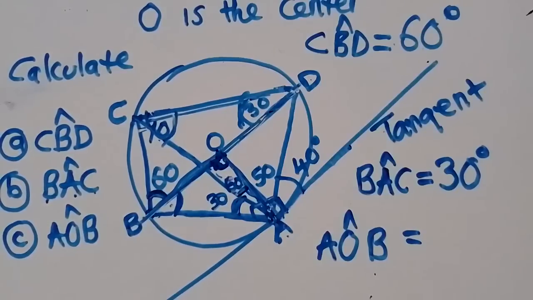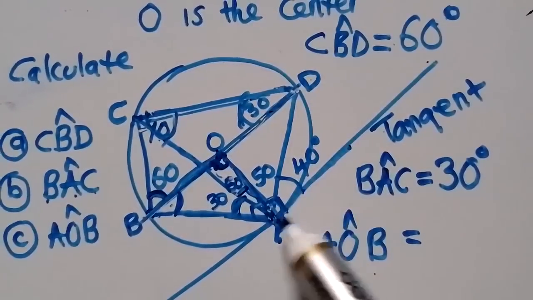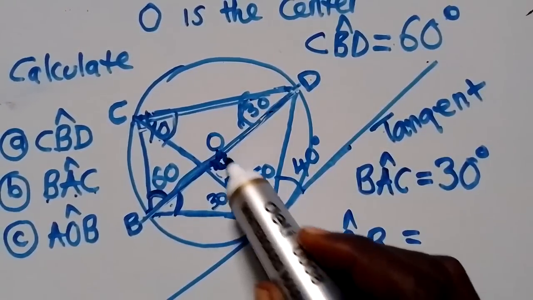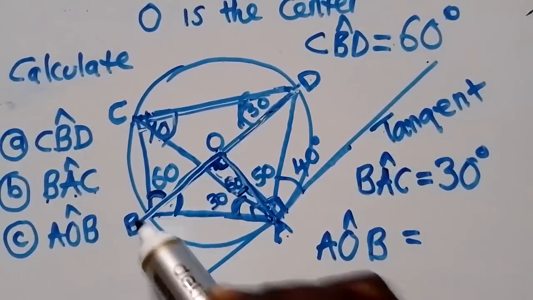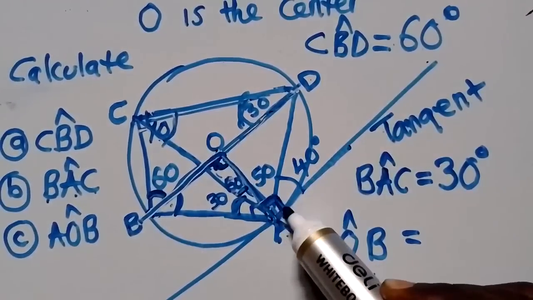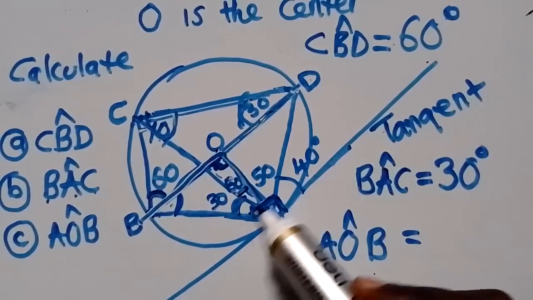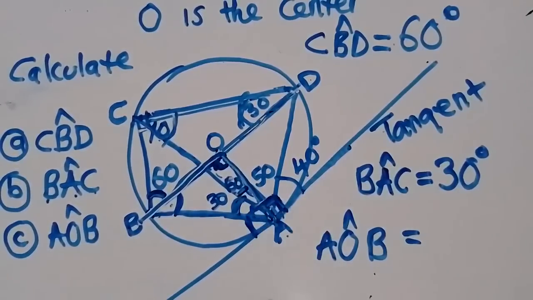How can we answer that one? So you know that the part which is there is 90, and the part which is here is also 90. So how can you answer that question?